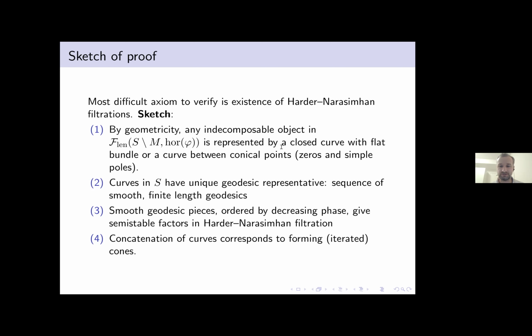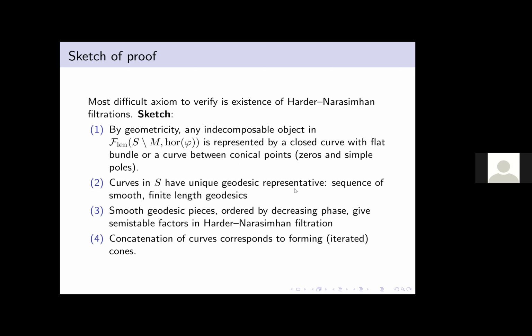It's represented either by a closed curve, possibly with some higher rank flat bundle on it, or a curve between two of the conical points. And then for that curve, you have some unique geodesic representative, which will not be a smooth geodesic, but in general some sequence of smooth geodesics, broken at the conical points. So it goes from one conical point to another, and then it can change angle, and then go to another conical point and change angle again, and so on.